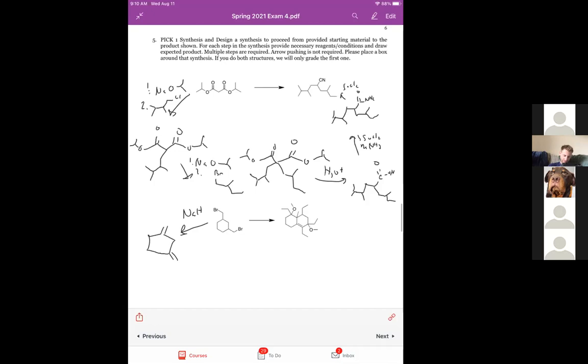And then ozone. We need a methyl group here. So NaH, methyl iodide.